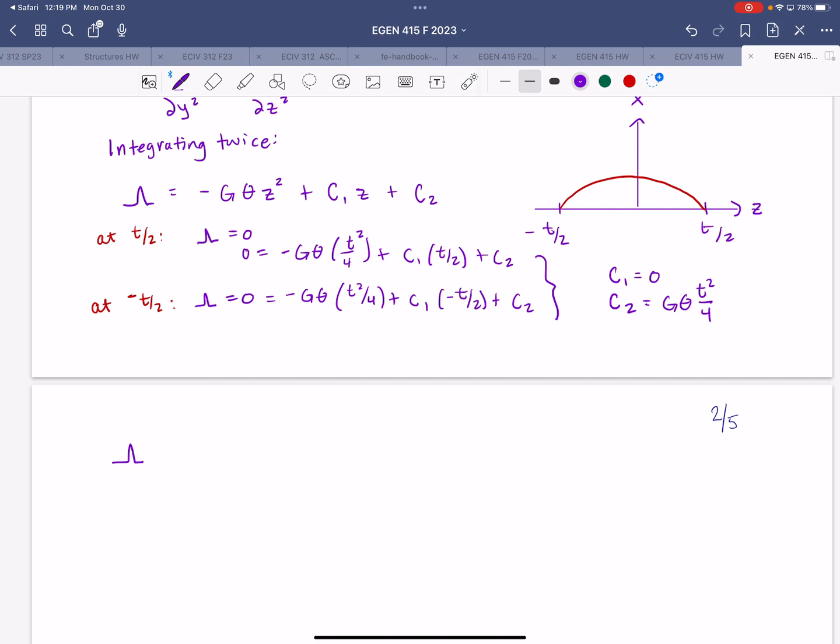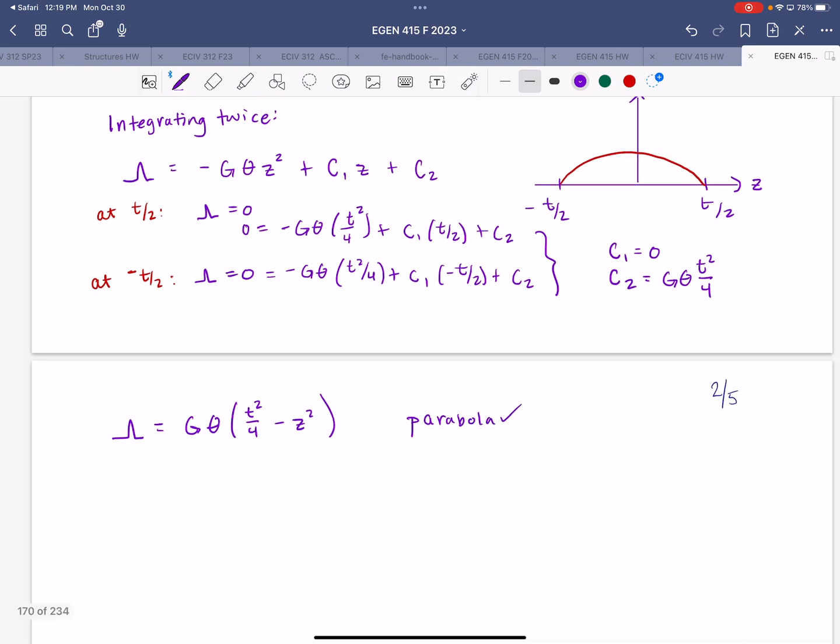So our total solution then for lambda is G theta times t squared over 4 minus z squared, which is consistent with the formula for a parabola. And we also have our relationship to torque.